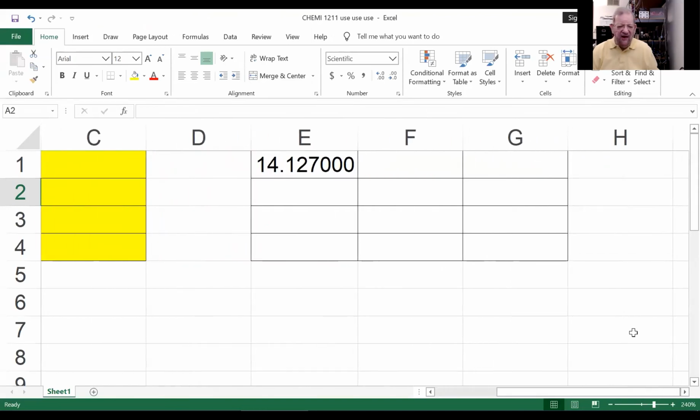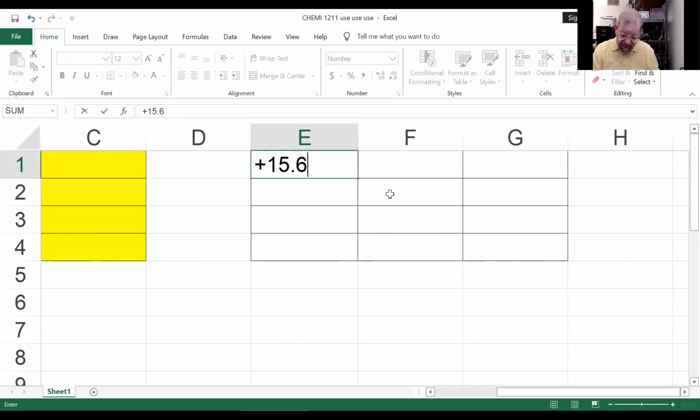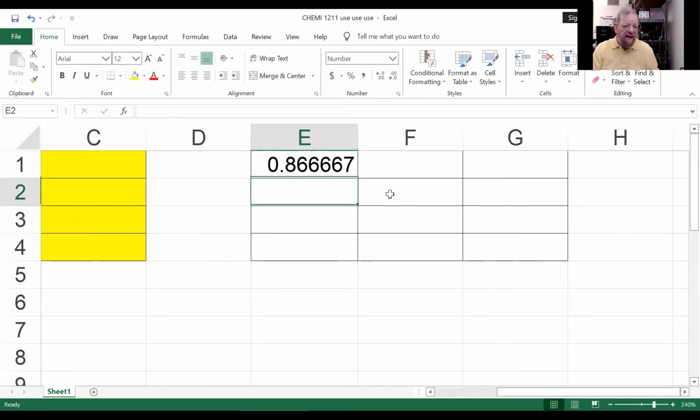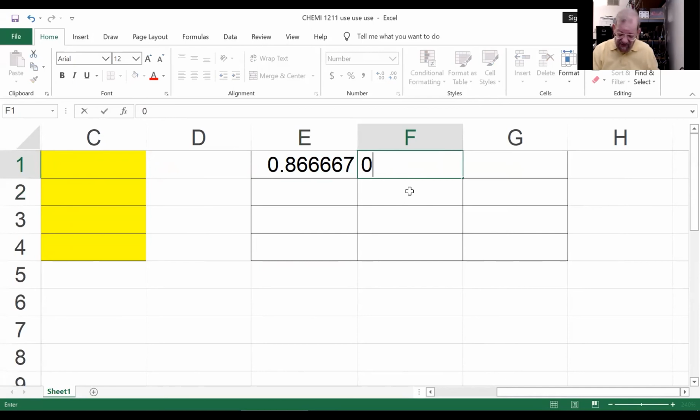And you can do this in scientific notation. I'm going to do it just regular. And this is a number, and it should be 3 significant figures. So I'll round it off, 0.867. The spreadsheet's going to pop some zeros in, ignore it.